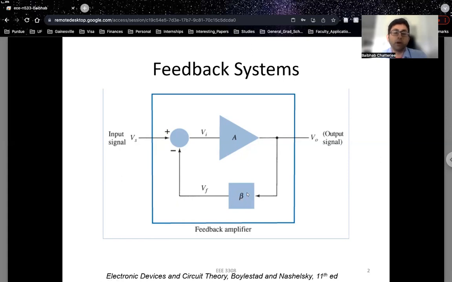And this is called a negative feedback system, where you are feeding back the signal Vf in a way that you're subtracting it from the original input signal. If both of them had been plus signs, we would have called it a positive feedback. Now, that's not actually the real definition of positive and negative feedbacks in a strict sense.